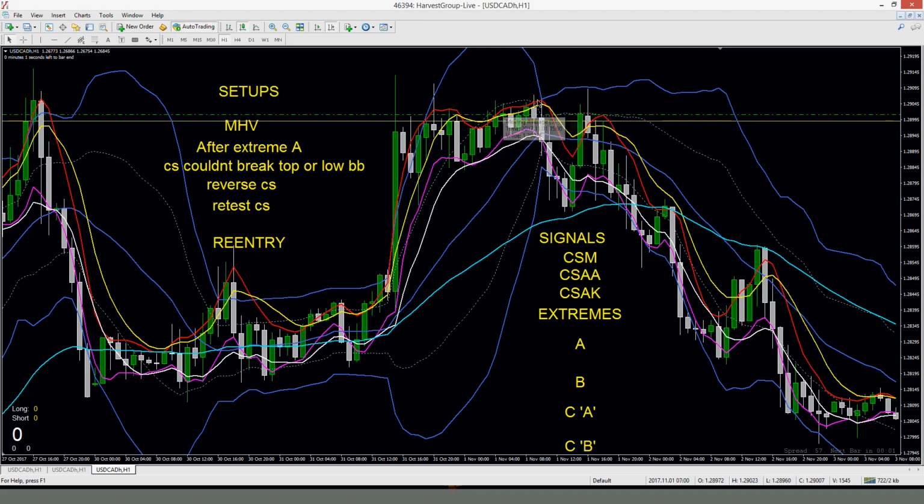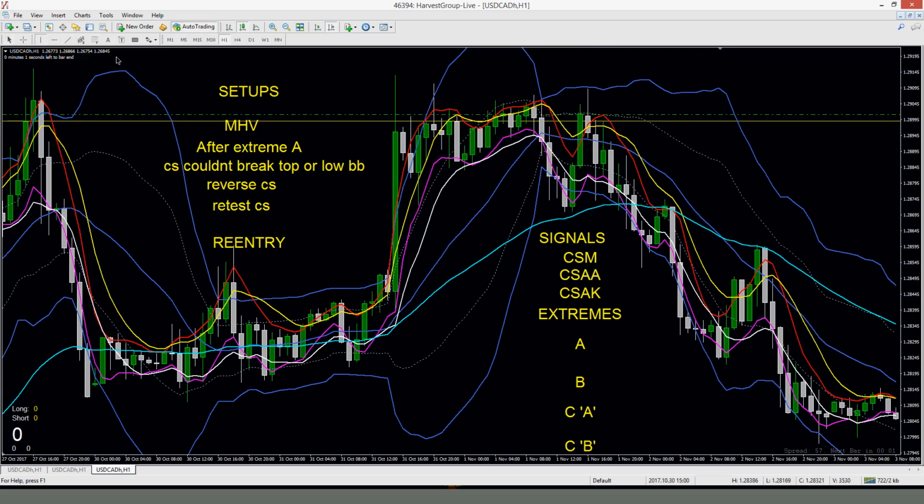Let's say after CS Arakuko, this validates this MHB. Extreme A, TP wajib, then you have MHB. This MHB validates extreme A, and this CS Arakuko sell validates your MHB. Now we need to know whether this CS Arakuko is valid or not.